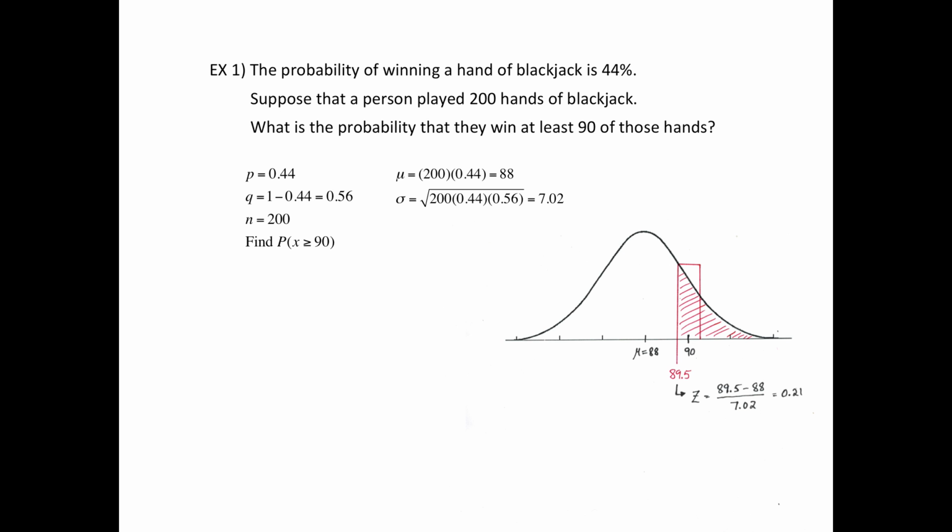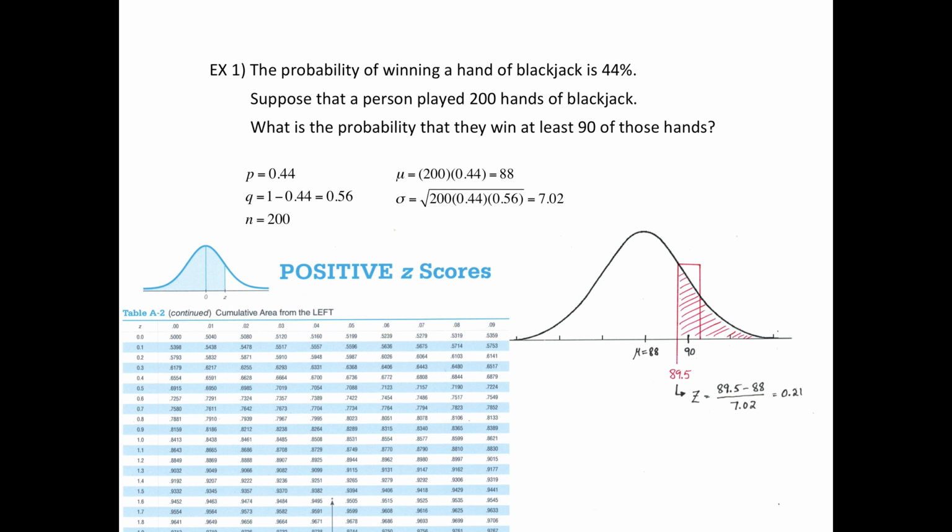Then we do the regular Z formula. We find that Z equals 0.21. Then just look that up over here. 0.21 would be 0.5832. Because that's the left side of the graph, we would then have to subtract from 1 to get the right side of the graph. So there is a 41.7% chance of winning at least 90.